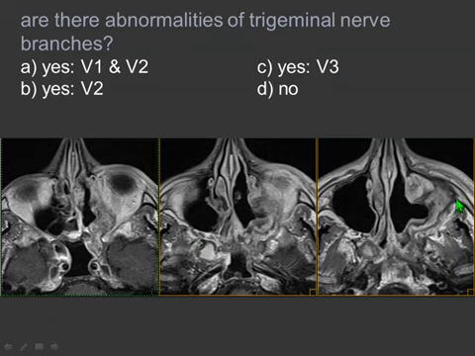I think we were discussing the fact that there was thickening at the level of the posterior wall of the maxillary sinus, and also at the level of the pterygopalatine fossa.